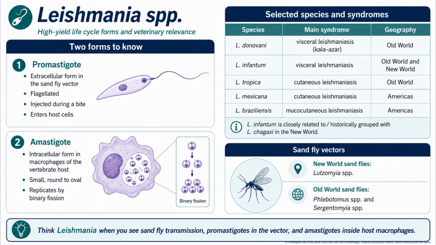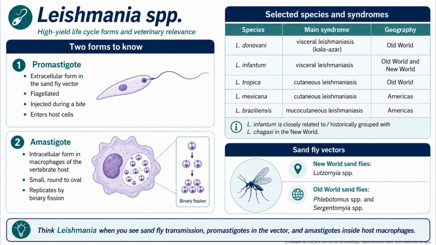The promastigote is an extracellular flagellated form associated with the sandfly vector. During a sandfly bite, promastigotes are delivered into the host and enter host cells and transform into amastigotes. The amastigote is the small, round to oval intracellular form inside macrophages of the vertebrate host.